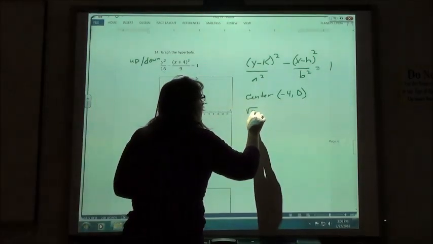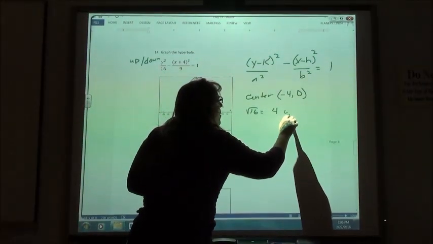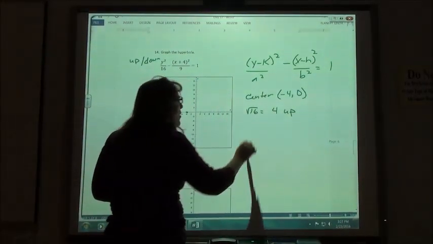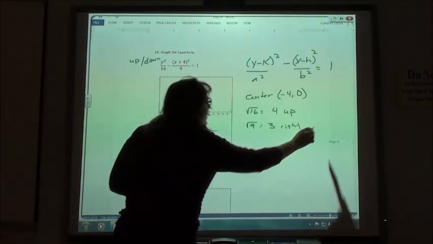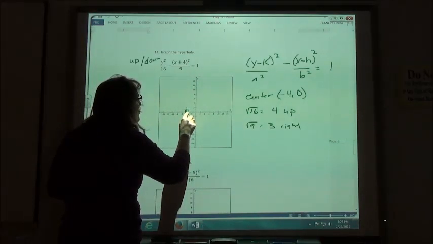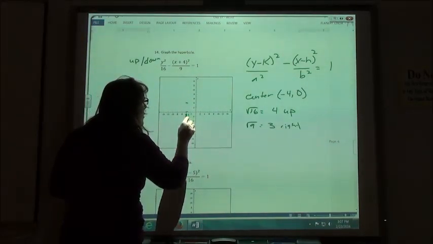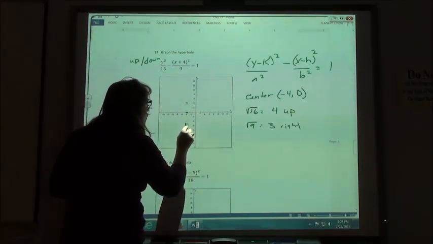The square root of 16 is 4. That's going to be the up or down first. The square root of 9 is 3. That's going to be your right or left. So I'm going to go 1, 2, 3, 4 up, which also is going to show 1, 2, 3, 4 down.